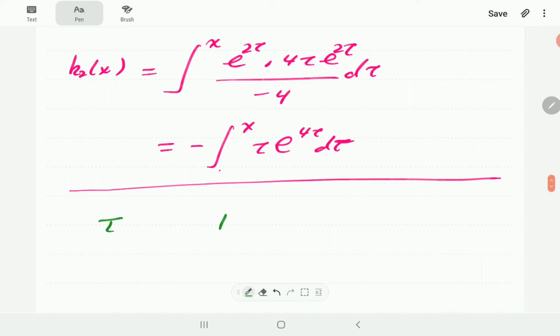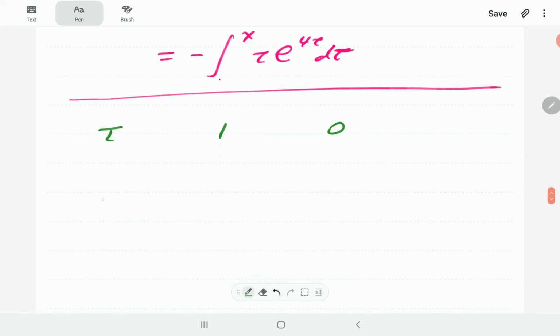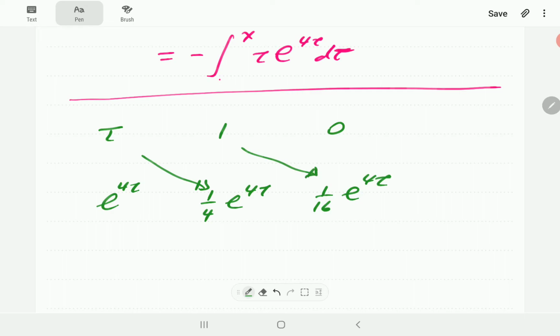So if we write the polynomial and its derivatives in one line, and then the exponential and its integrals, so this is the integral of that, and then the integral of this is going to be 1 over 16. So this is tabular integration.